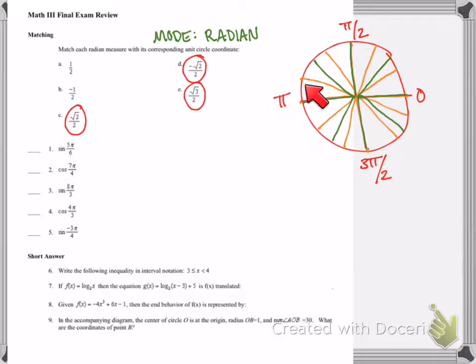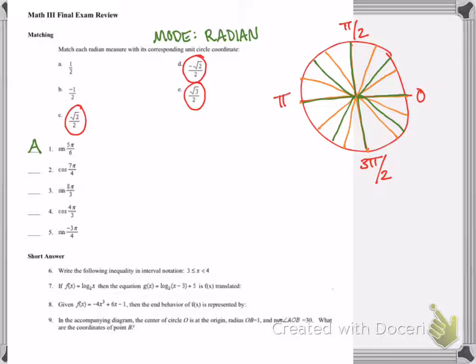So right here we're at 5 pi over 6. Sine is the y value, and if you notice, we're not going up very far here, so it's going to be the least of all our possibilities, and it's definitely positive, so we're going to have a positive 1/2 for the sine of 5 pi over 6. So that's going to be letter A. Again, you can also put that in your calculator and get A for that as well.